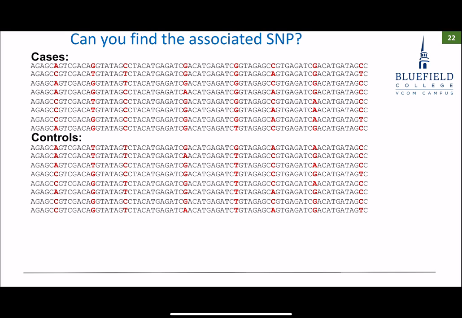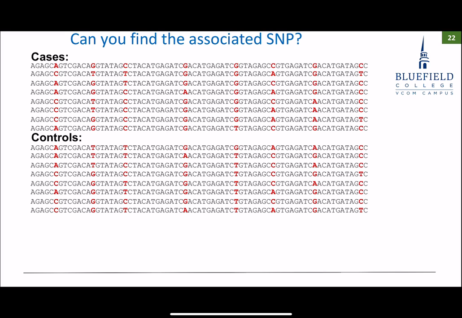So let's say that G is unique or almost unique to the disease phenotype, and T occurs in the negative control. This is something we want to identify because it suggests some statistical association, right?